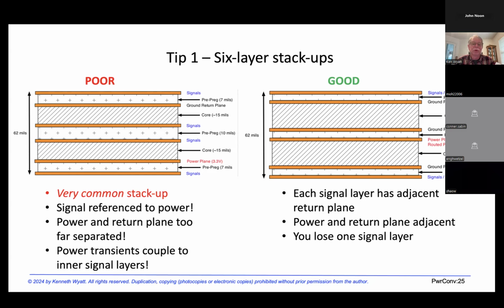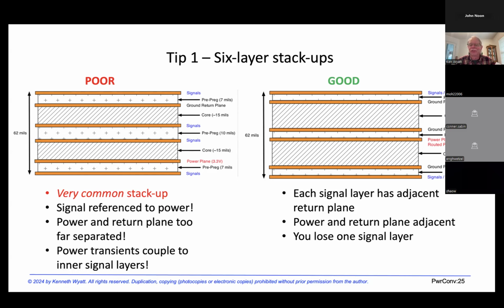But even more importantly, any power transients are going to be referenced to the return plane on layer 2, and those power transients are going to couple to the two inner signal layers. So you get noisy power on the two signal layers.